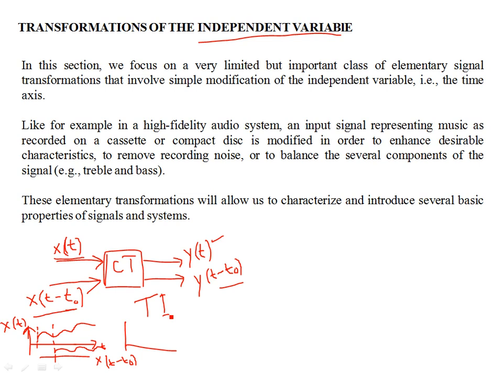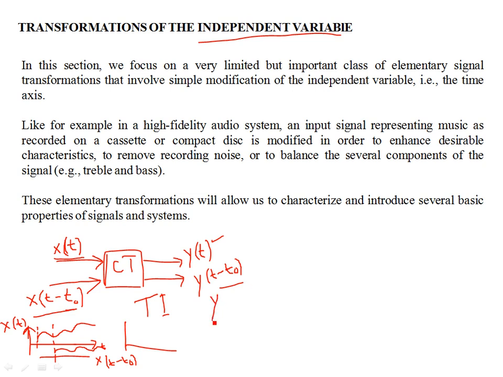So you see these transformations, which we do on the independent variable, which is time in this case, are very important to classify and to describe the properties of the system. For example, if the output is not delayed by the same amount of time, t naught, by which the input was delayed, then we say the system is time varying.